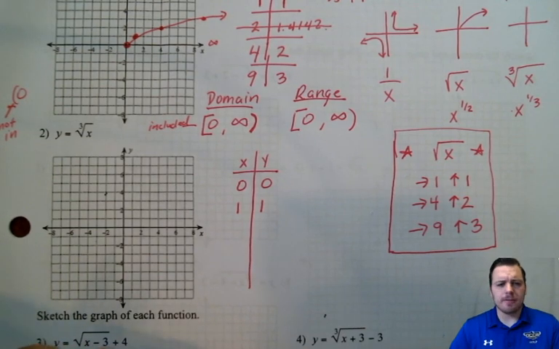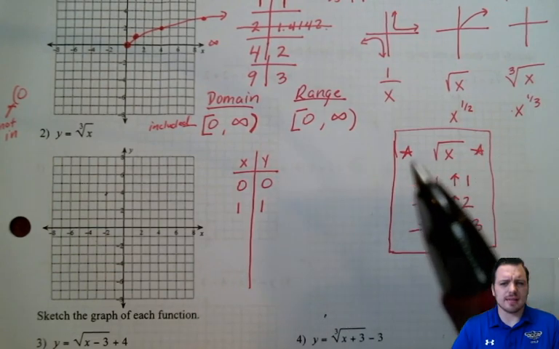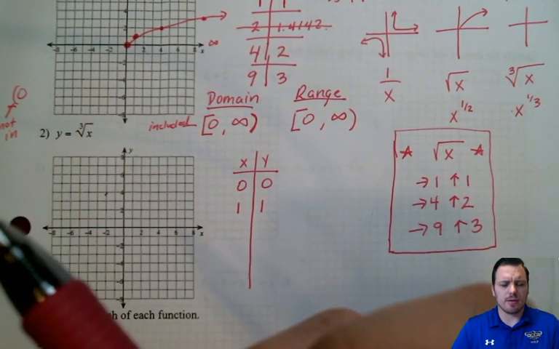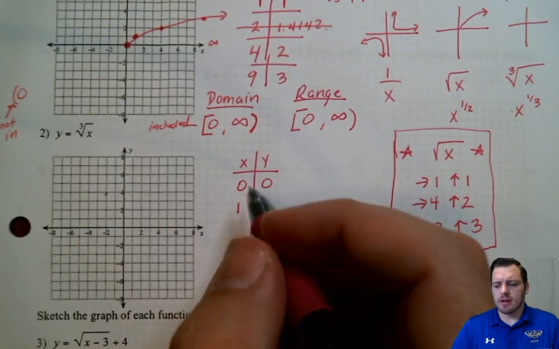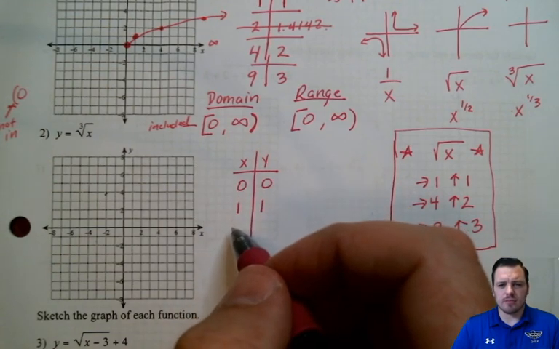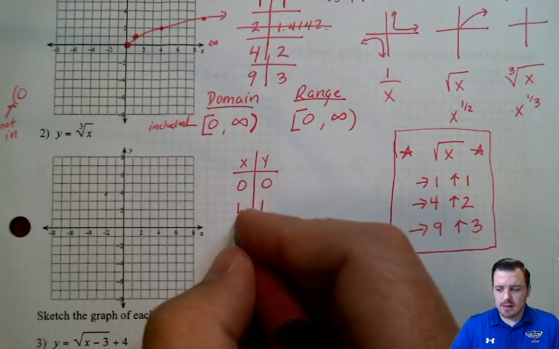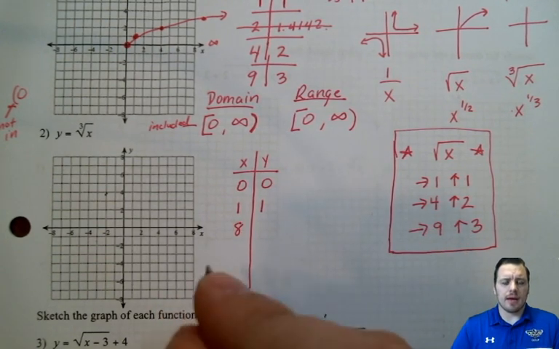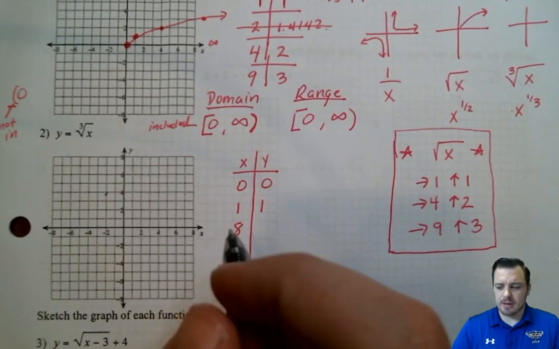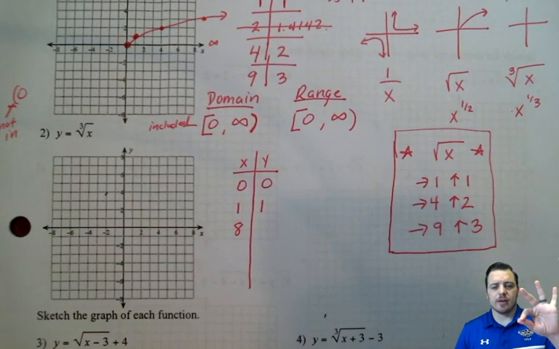Then from there, you'd have to ask yourself, what's the next biggest number? Is there a number multiplied by itself 3 times that'll give you 2? No. 3? No. 4? No. 5, 6, 7, 8. 8 would be your next best number, and what multiplies by itself 3 times that'll give you 8?